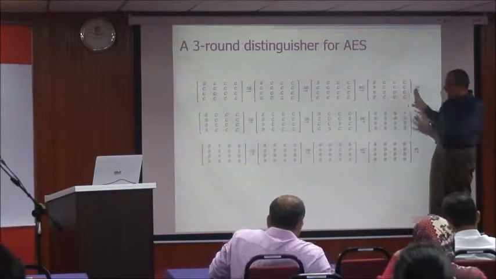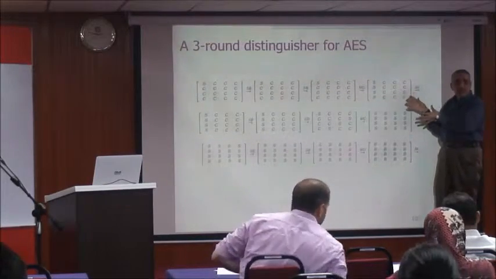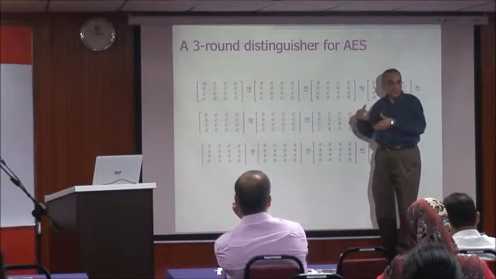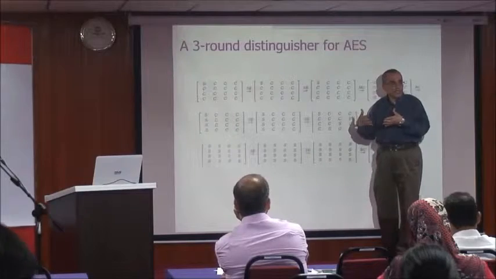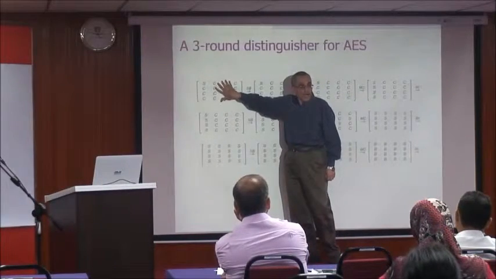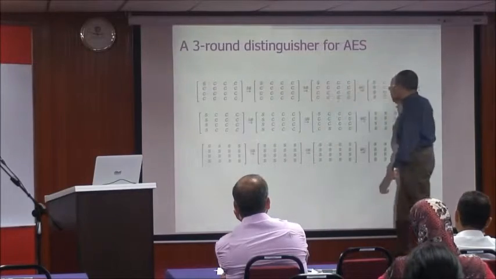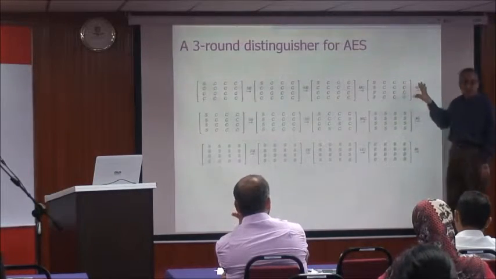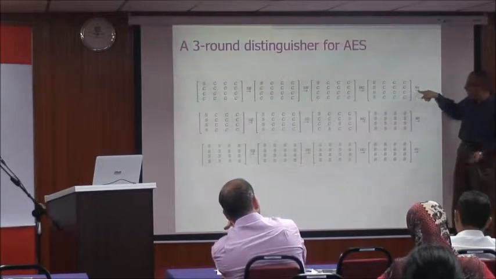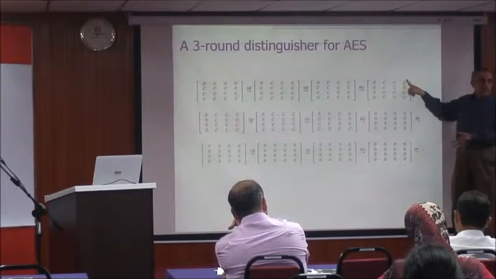So basically, the thing about this is that this relation propagates independent of the key. I'm building a distinguisher: if I put this input to my AES round, I know that this relation should propagate to here irrespective of the choice of my key. And if you add the key here, again, irrespective of the choice of the key, if you add a key to a constant, you get a constant.